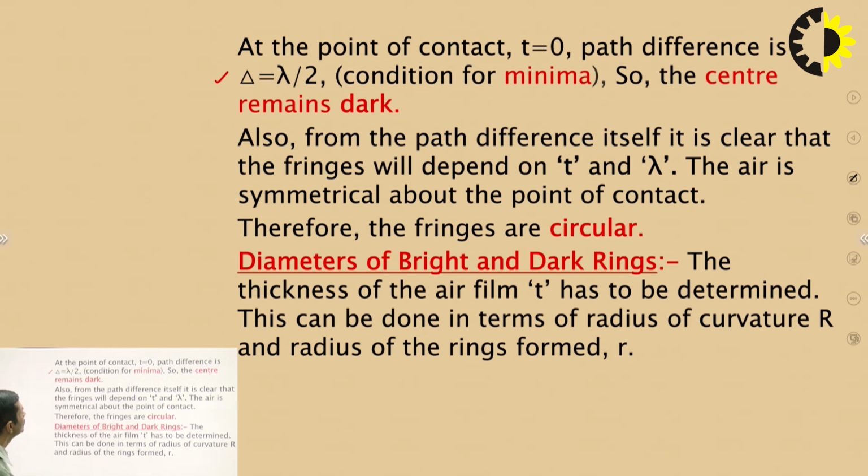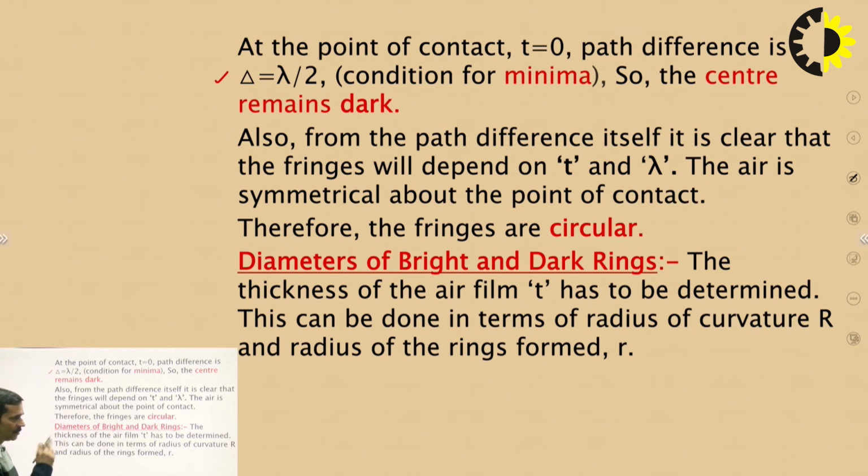Another thing: the fringes are formed in the form of circles because the pattern depends upon the path difference, and the path difference depends upon the thickness of the film t and the wavelength of the light source. The wavelength lambda remains the same, but t is varying.